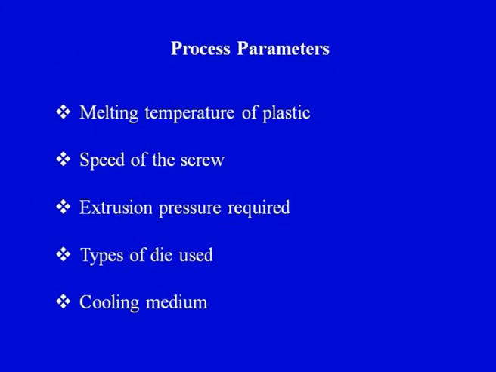Second important point is the speed of the screw. The speed of the screw should not be very fast and it should not be very slow. So an optimal speed of the screw has to be adjusted so that the general behavior of the polymer melt is such that it is able to come out of the die as a good quality product.